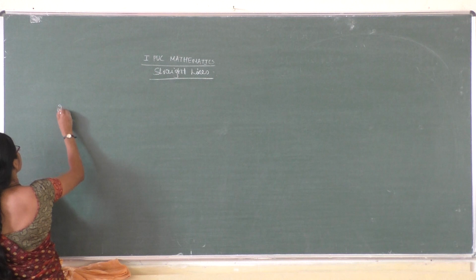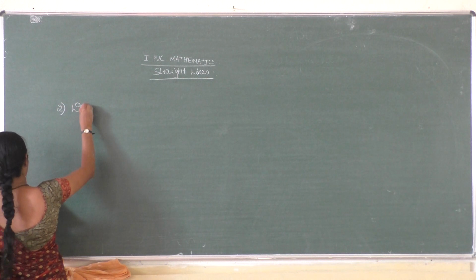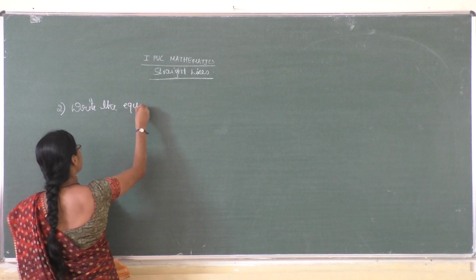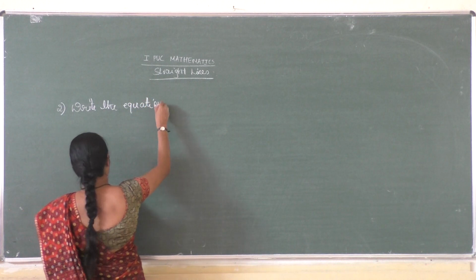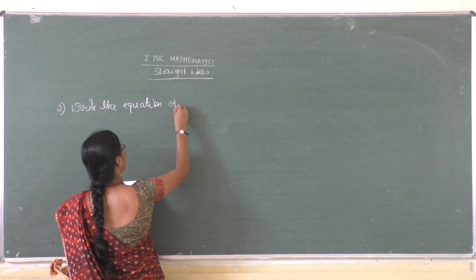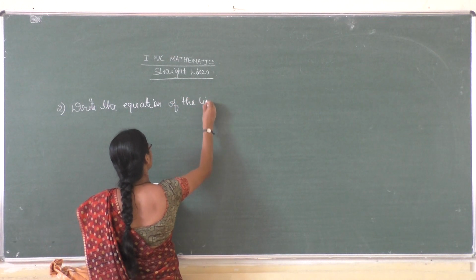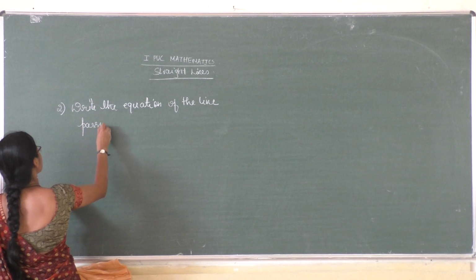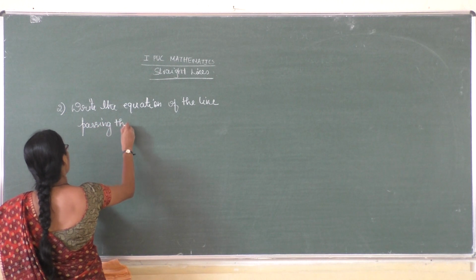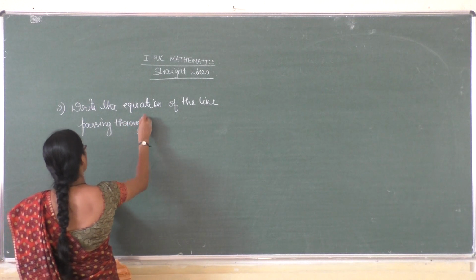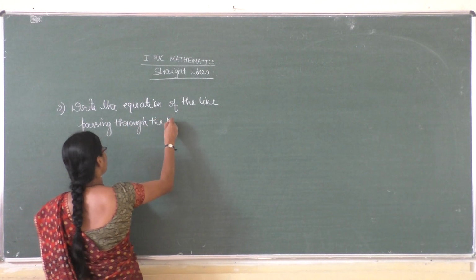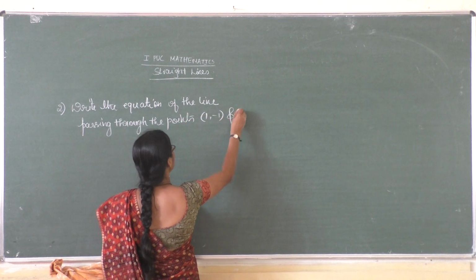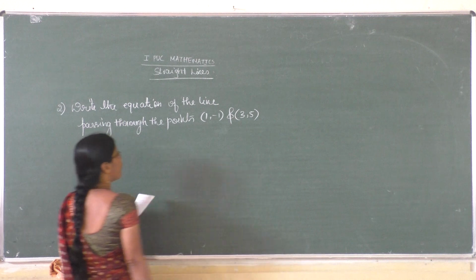Write the equation of the line passing through the points 1, minus 1 and 3, 5.